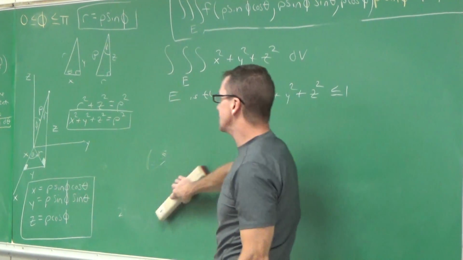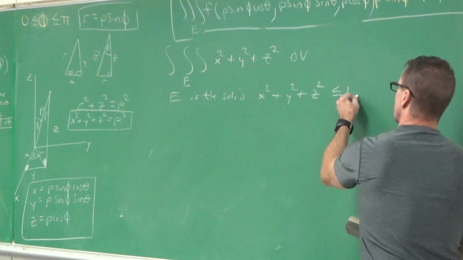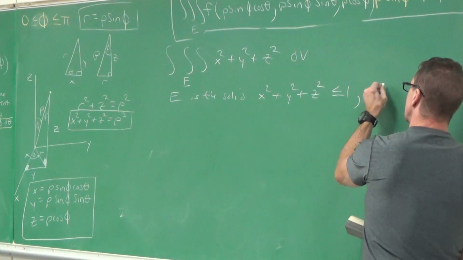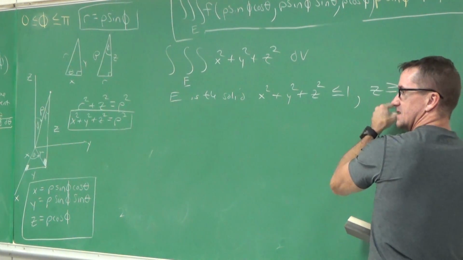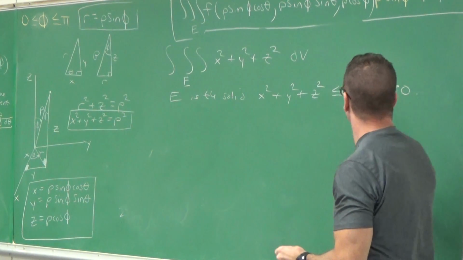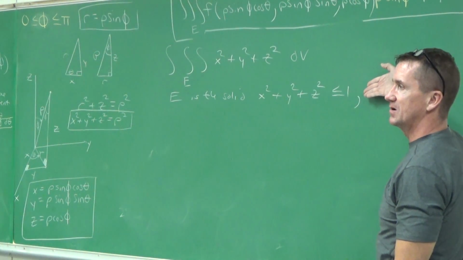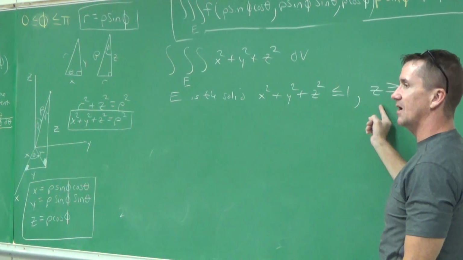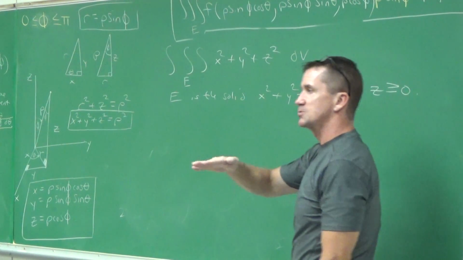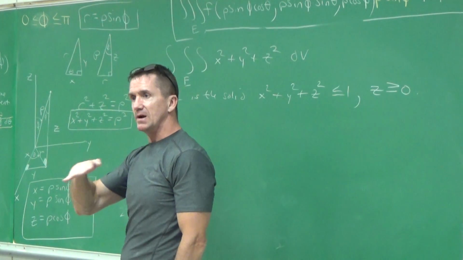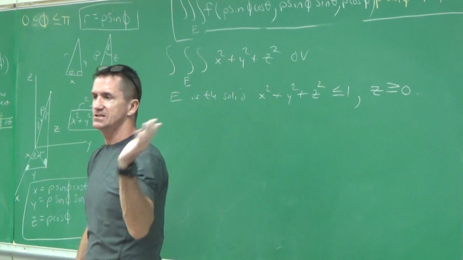And I didn't want your eyes to miss this comma. Don't see that? What does that mean? Well, if our eyes miss this, we're going to set up the problem incorrectly. That means this solid has to be above the what? XY plane. Okay? Has everyone got that? I just didn't want that to happen.